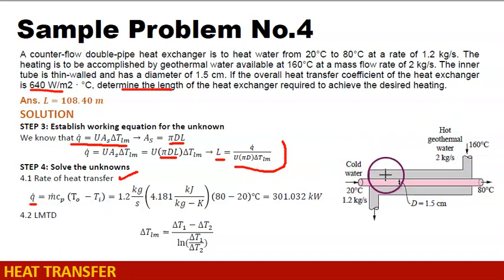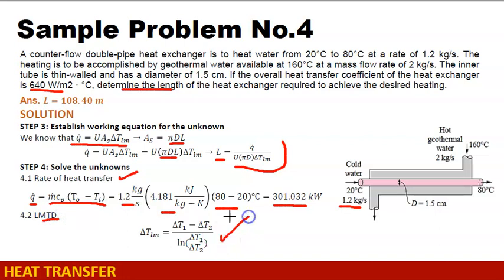But since for the cold water, the inlet and outlet temperatures are given and the mass flow rate is also given, we can solve for Q from the cold water, such that Q is m Cp delta T. So mass flow rate is 1.2, Cp of water is 4.181, delta T is 80 minus 20. That's why Q is 301.032 kilowatts.